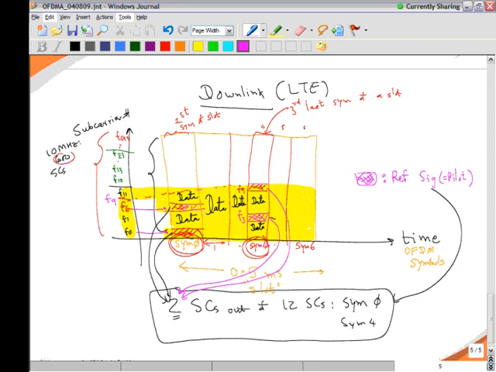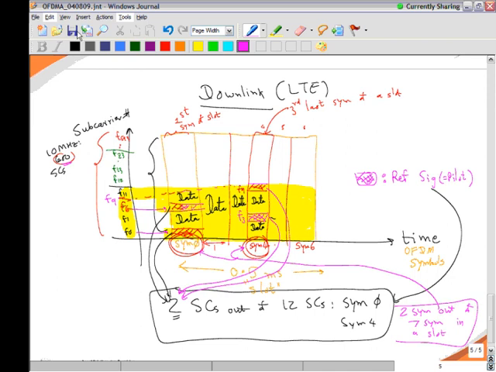So as you can see, within that 600, some subcarriers are data and some are pilot, but not all the time. Only 2 symbols out of 7 symbols in a slot are carrying your reference signal, and those are here, symbol number 4, symbol number 0.